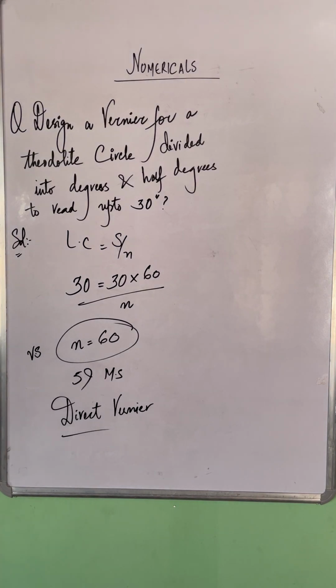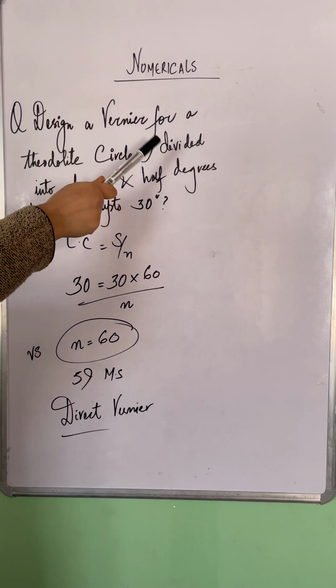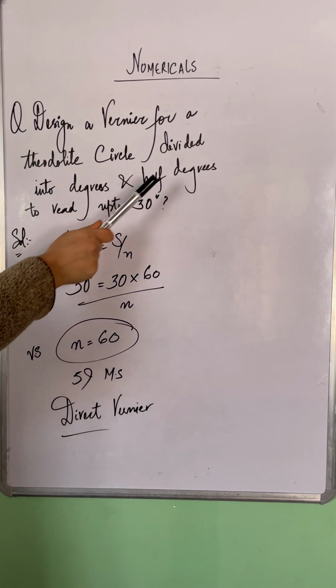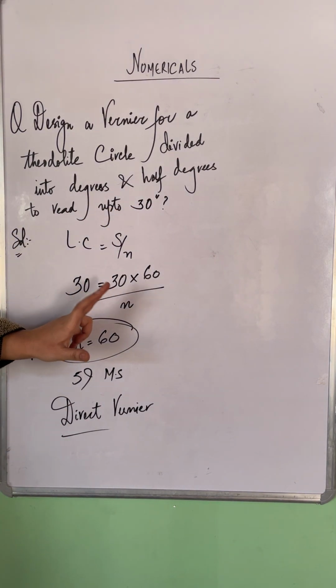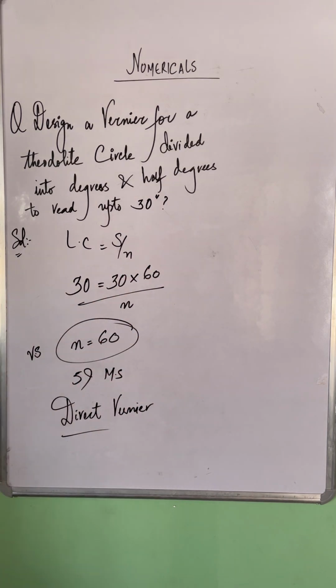Right? The circle was divided into degrees and half degrees. That means our S was 30 minutes, which we converted into seconds, and we designed a direct vernier for this case, in which 60 vernier scale divisions will correspond to 59 divisions on the main scale. Let's do the other question.